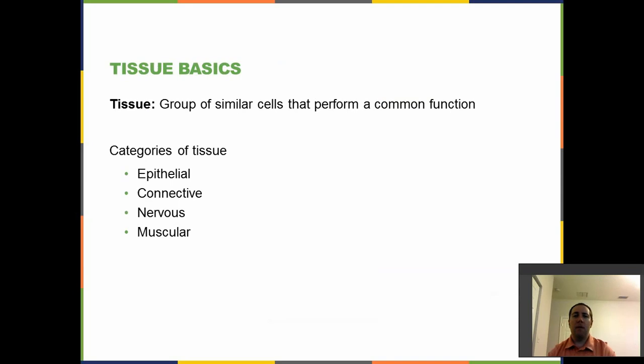So remember that a tissue is a collection of cells that all have the same purpose. It's basically a whole bunch of identical cells that are together that are going to do one thing. And maybe the easiest example to think of in terms of that, without us talking about these tissues yet, is muscle tissue.